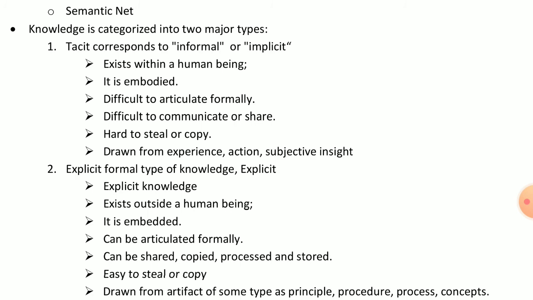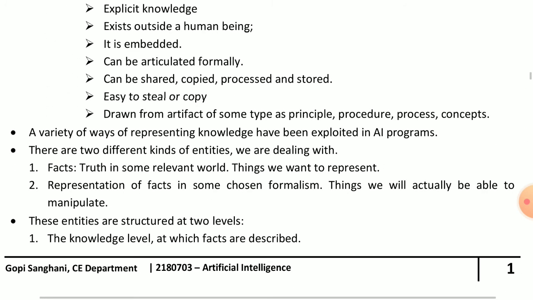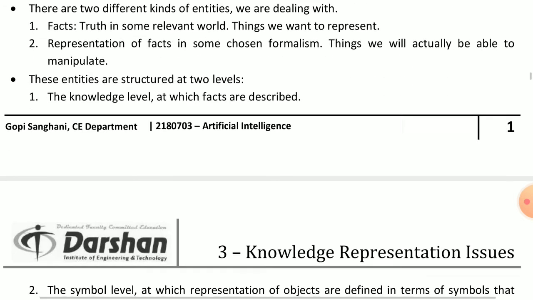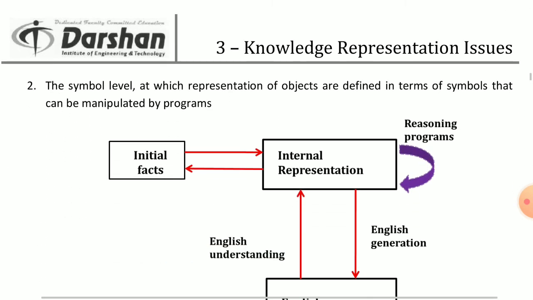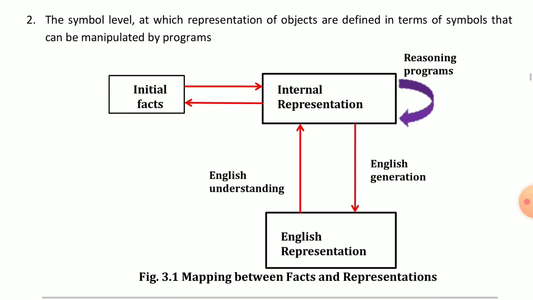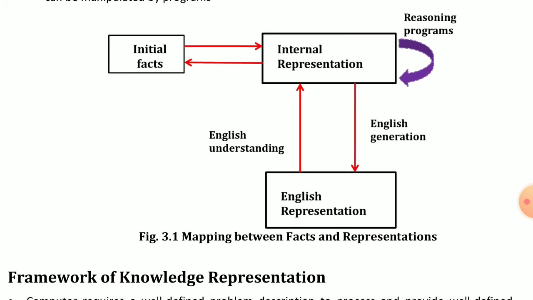Knowledge has two different types, implicit and explicit, and two levels are given: symbol level and knowledge level. And here one diagram is given for initial facts.